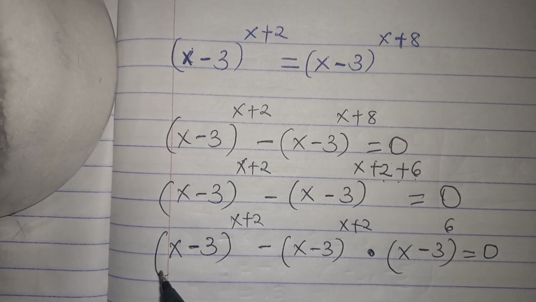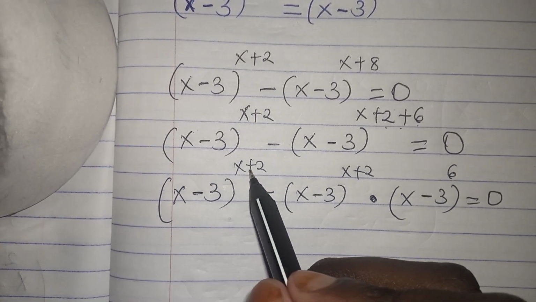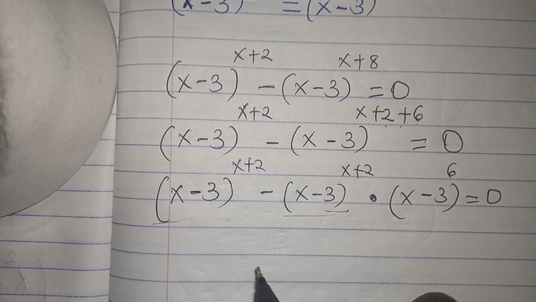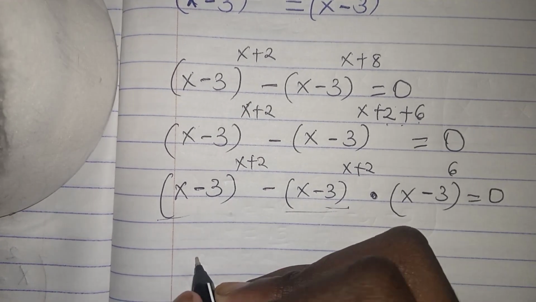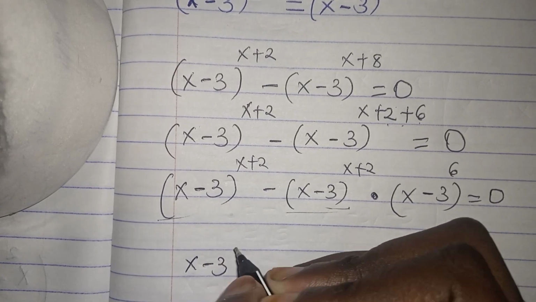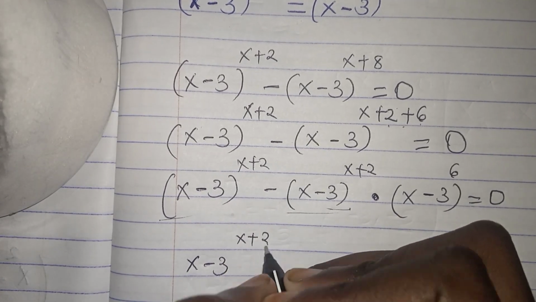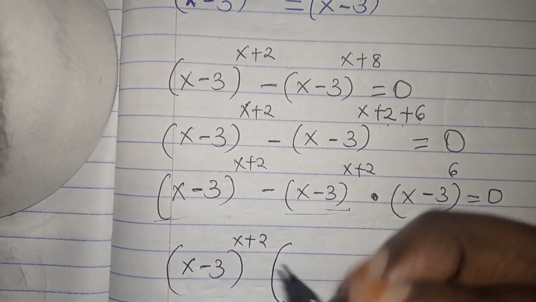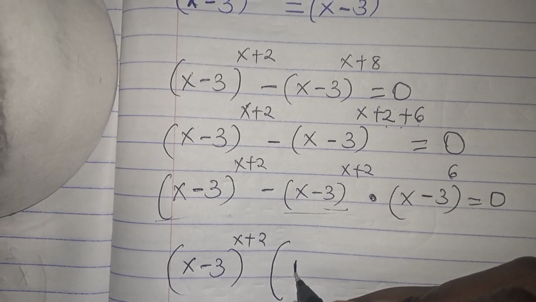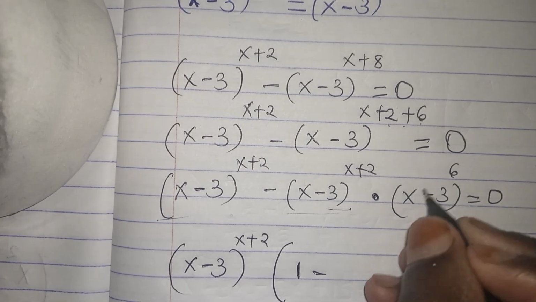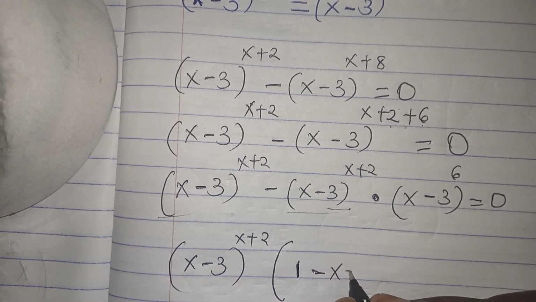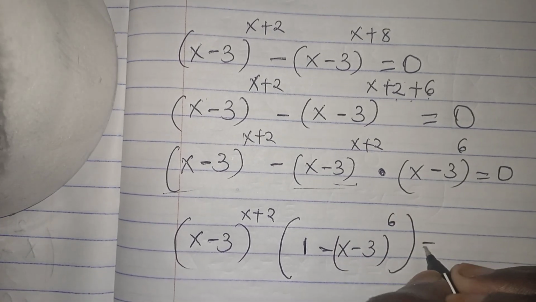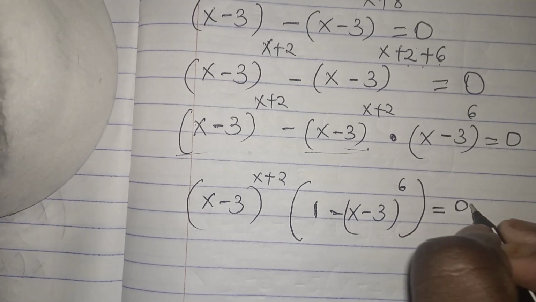So you can see (x - 3)^(x + 2) is common. We have a common factor. We will factor it out. (x - 3)^(x + 2). If we divide this by this, we are getting 1 minus (x - 3)^6 = 0.